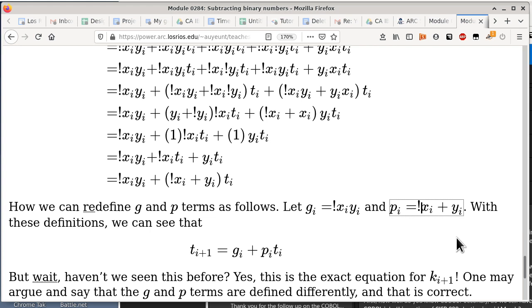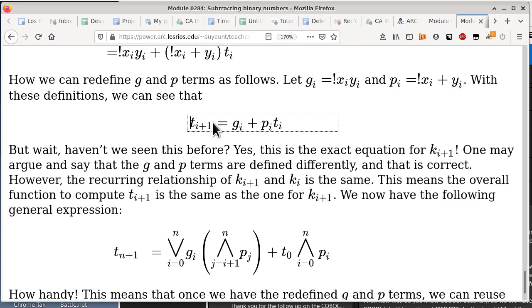Yep. I just wanted to clarify why that formula gives the same result even though G and P are different. Because the derivation of K1, K2, and K3 did not depend on how P and G are defined.